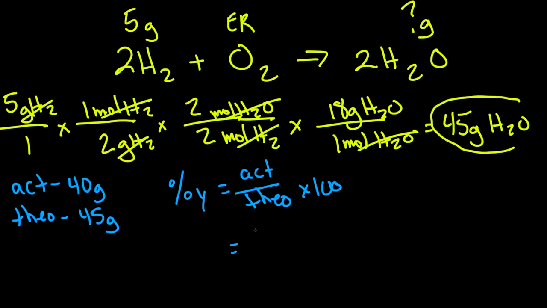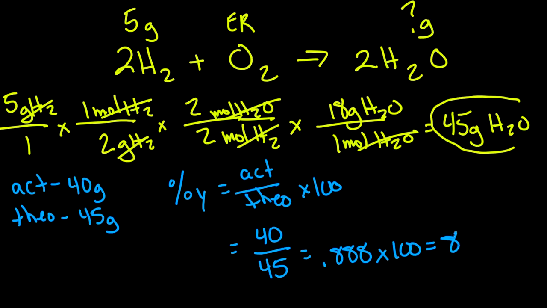So the actual is 40, the theoretical is 45. 40 divided by 45 is 0.88, repeating pretty much. So 0.888 times 100 to change it to a percent is 88.8%. And there is our percent yield for this problem.